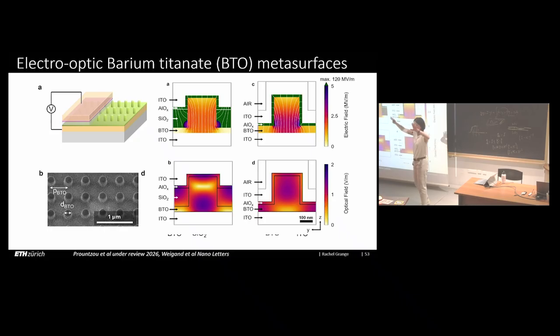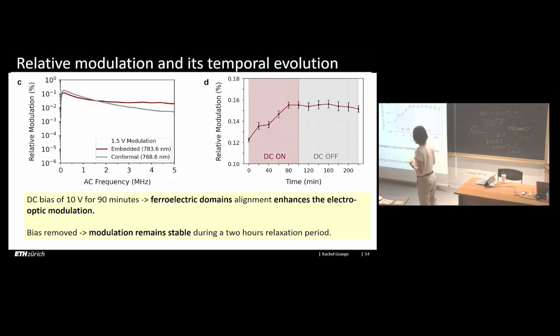So we don't have to put electrodes around the metasurface 20 or 30 or 50 micron apart. Here it's not even a few micron apart, 1 or 2 micron apart. So the field inside our structure can be pretty high by applying only 1 or 1.5 volt. Okay, so those polycrystalline materials are electro-optic as well.